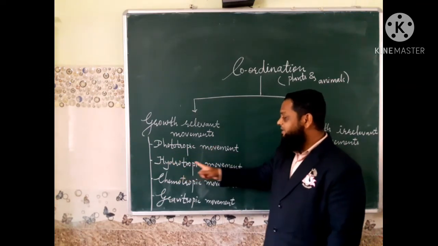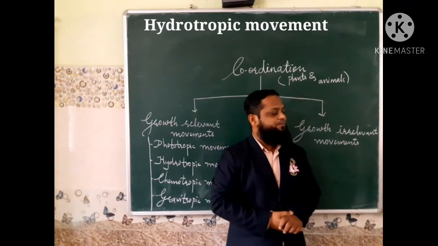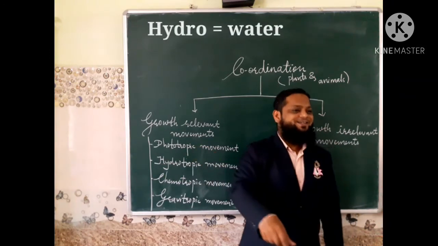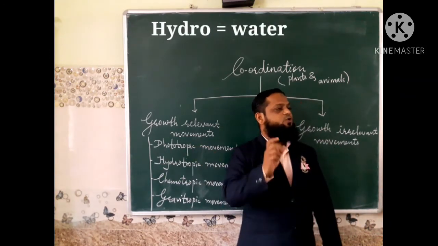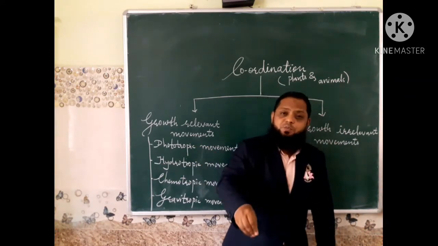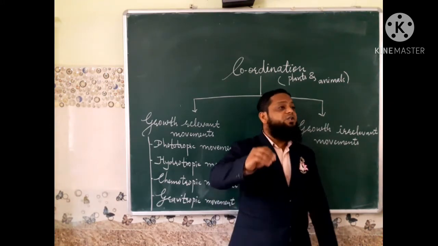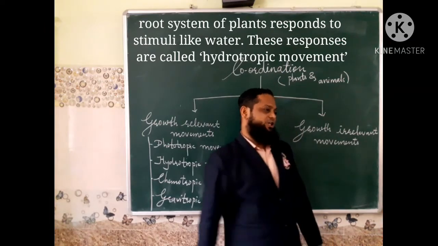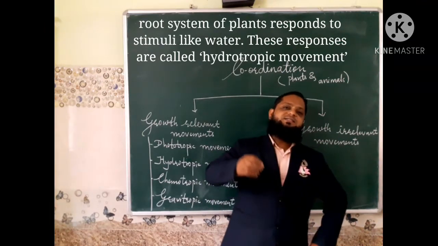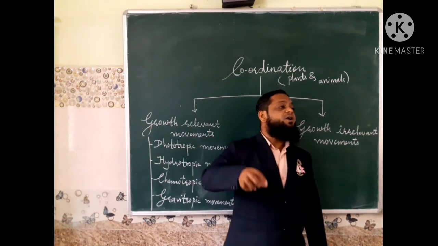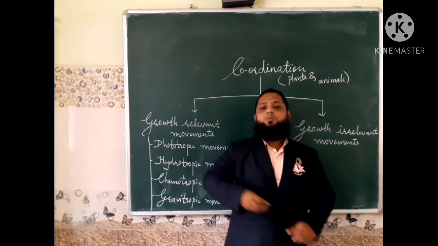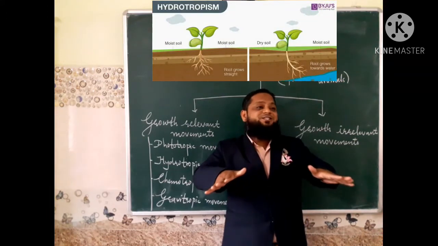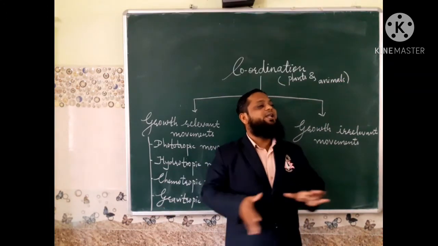Second is hydrotropic movement. Hydro means water. In this movement, the plant will show growth towards the water molecules. Here we can take the example of plant root cells. Plant roots grow where water is present inside the soil.